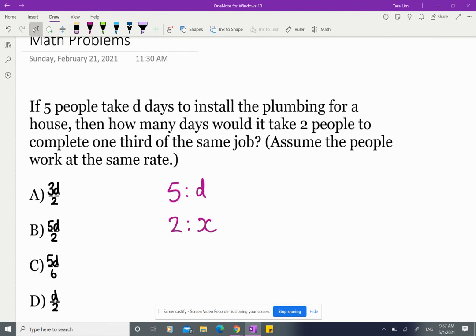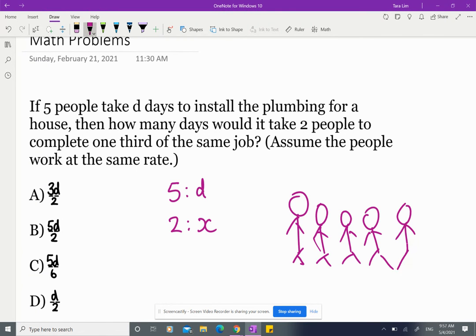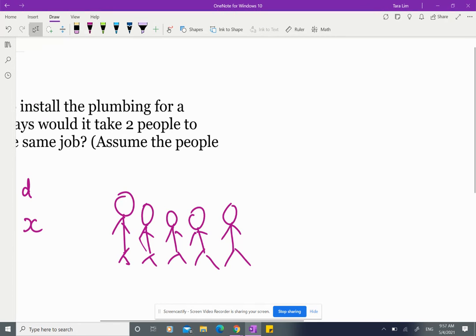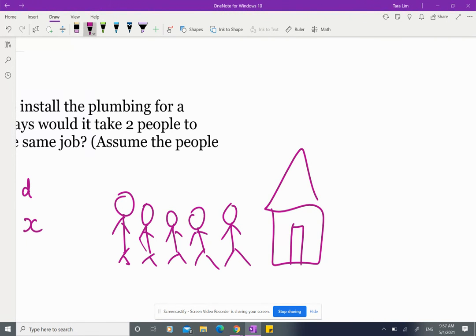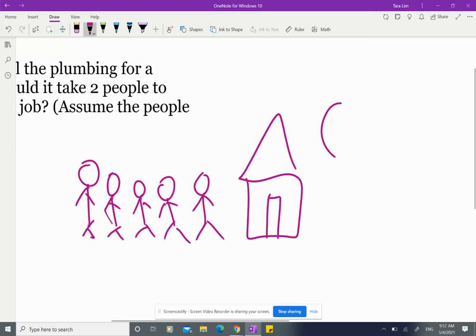Now, if there are 5 people, sorry, my horrible drawing, so there are 5 people doing a job, for example, making a house, and the time taken to do that is 1 day.